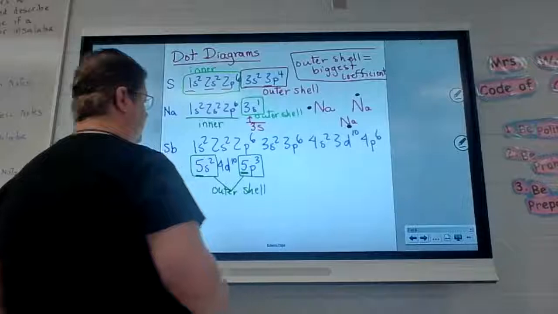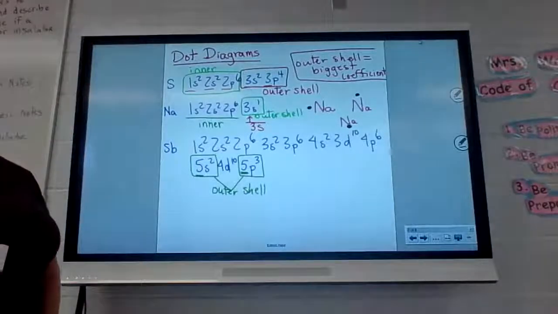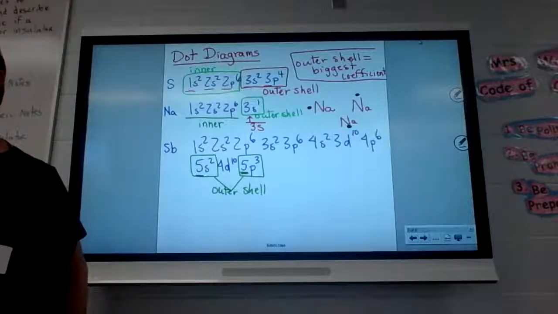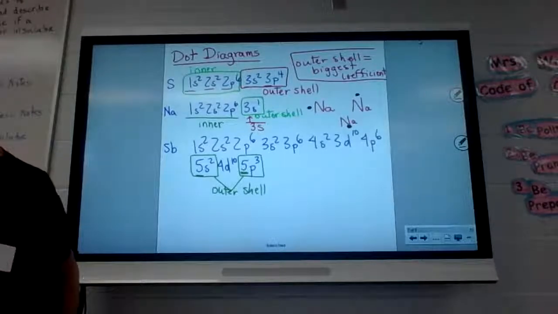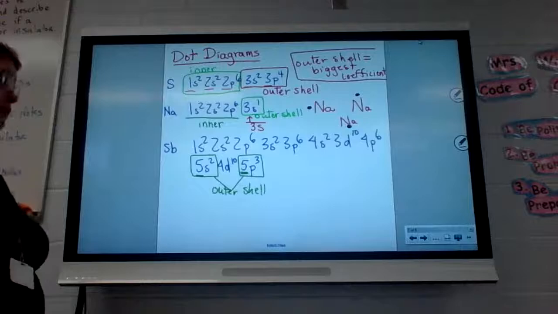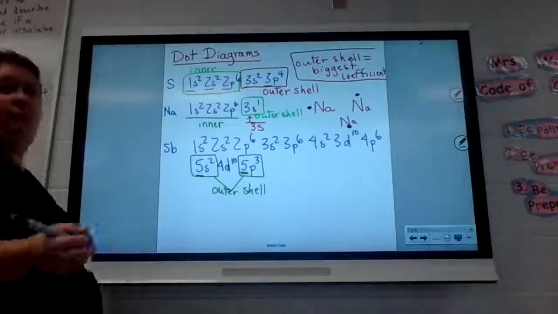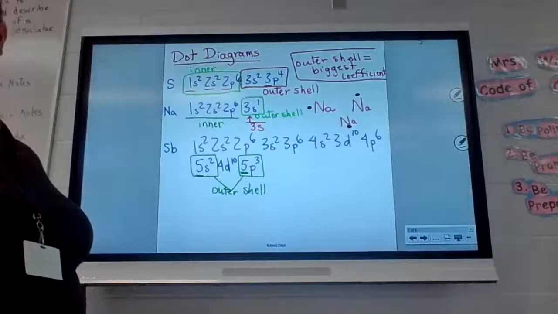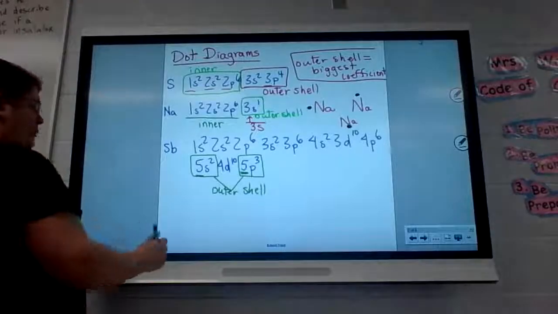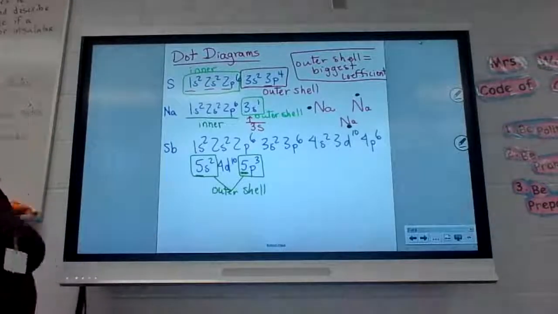So if we do Sb, how do I draw my outer shell? Okay, what symbol? Sb. All right, so first, don't you think we ought to figure out the arrows?